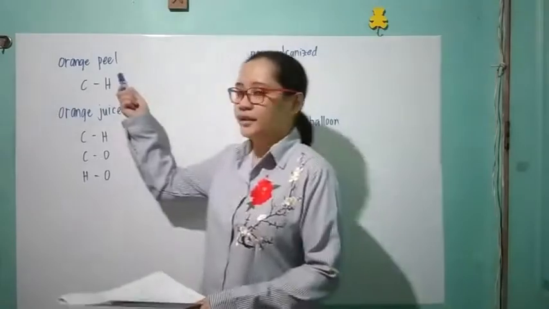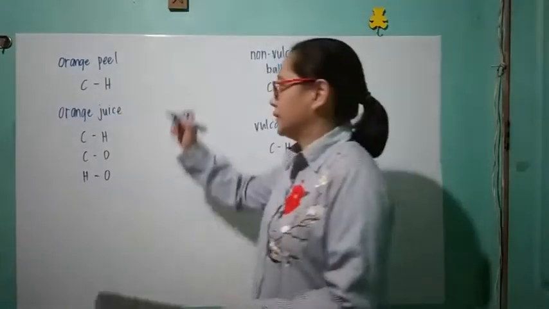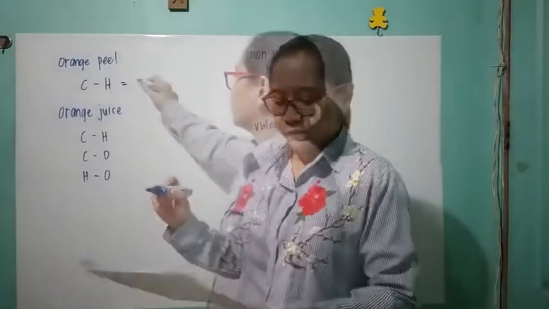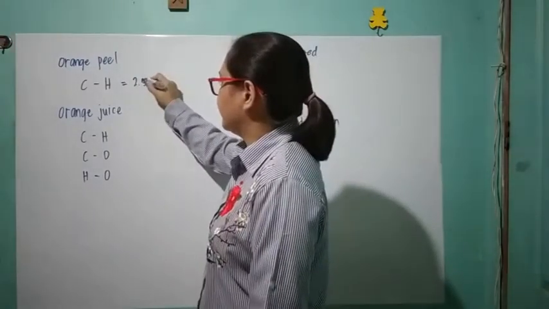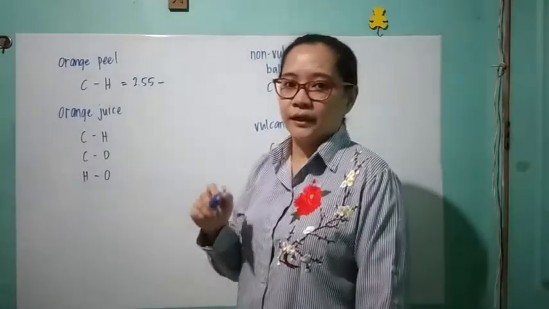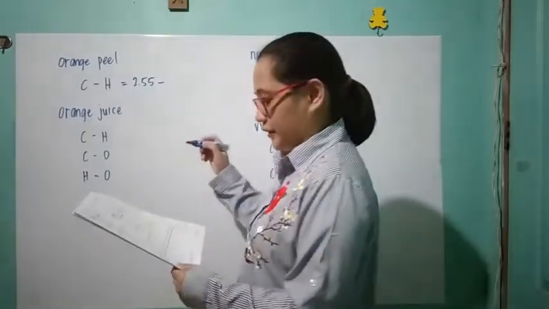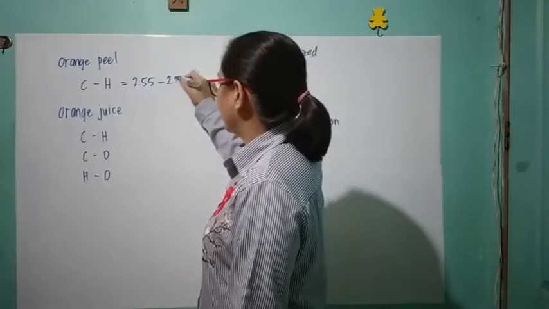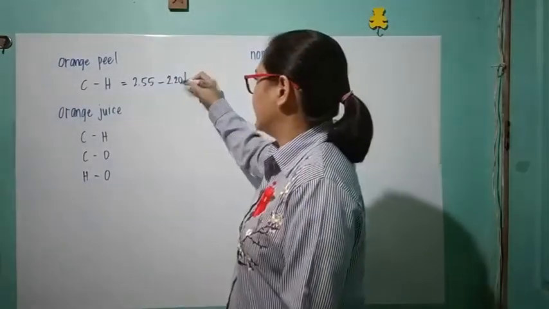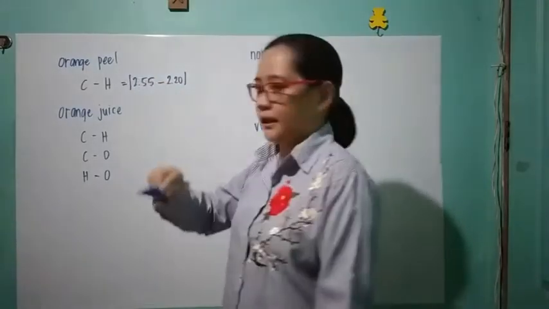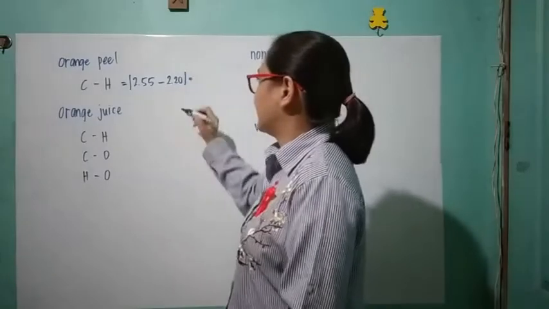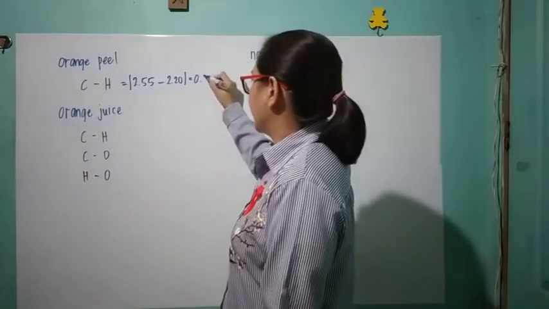For an orange peel, for carbon, you have an electronegativity value of 2.55 minus the electronegativity value of hydrogen, which is 2.20. From the formula, it is an absolute value, which indicates there is no negative sign, equal to 0.35.